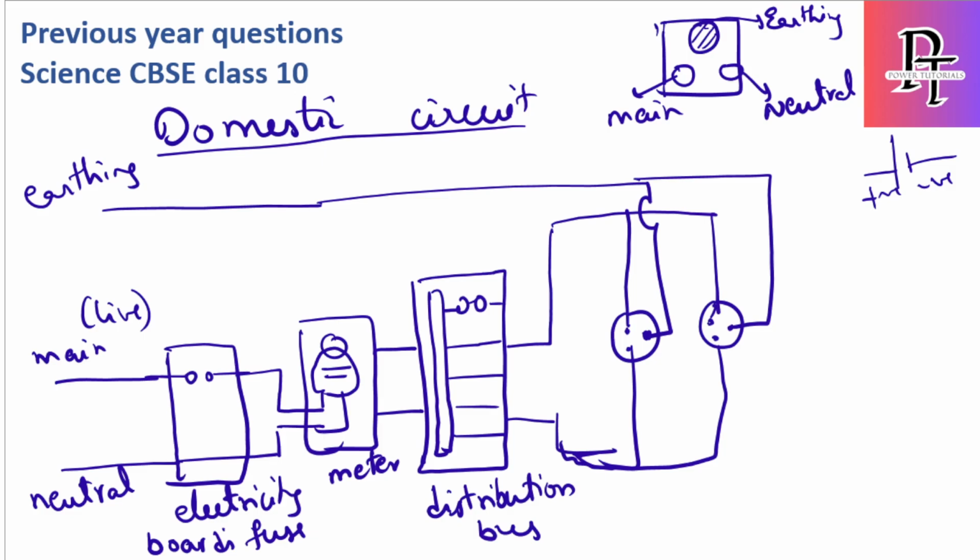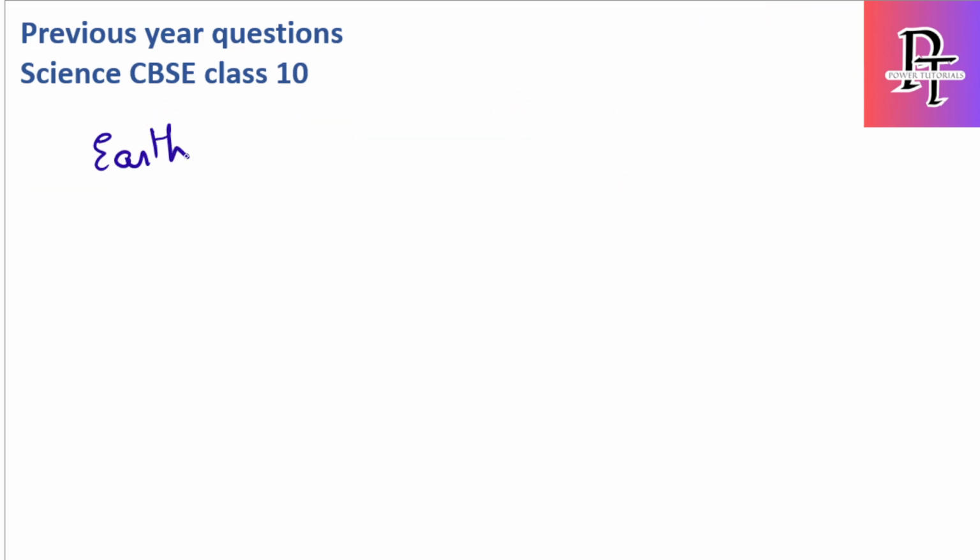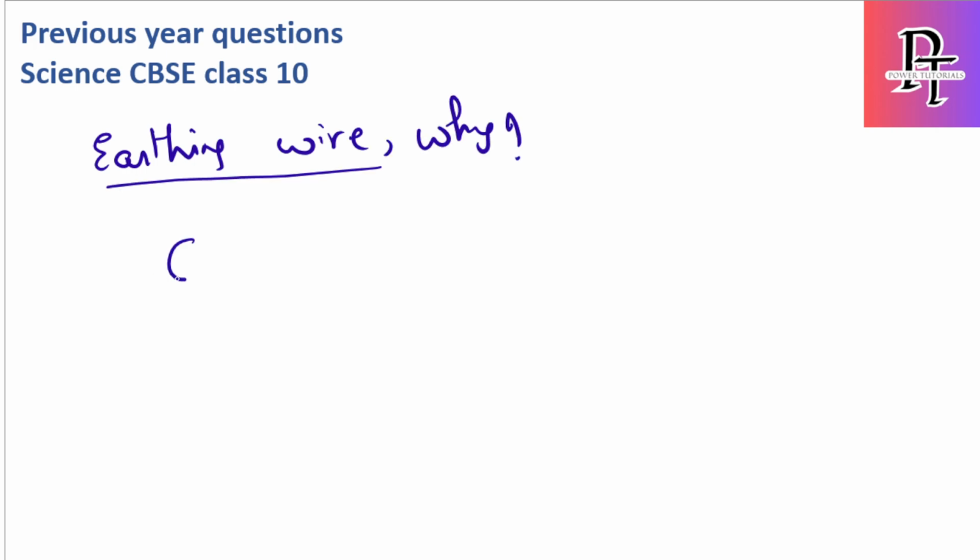Let's talk about earthing. What is earthing first of all, and why is earthing needed? Let's take the example of the geyser itself. What happens if, by default, the main and neutral get connected to each other?